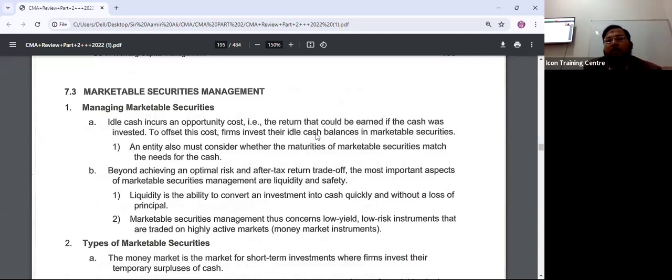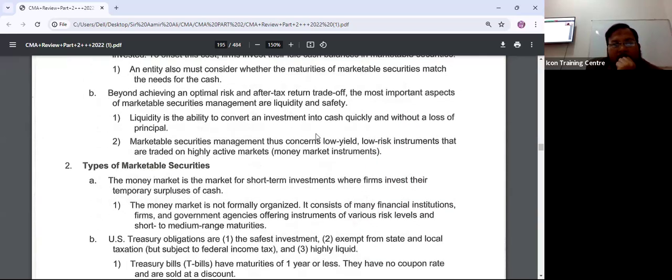If you are losing some part of that 10,000, that would not be a good liquidity strategy. Now, marketable securities management thus concerns low-yield, low-risk instruments that are traded in a highly active market. So basically, marketable securities do not give you a very high return, they give you a very low return because of the 3-month maturity.